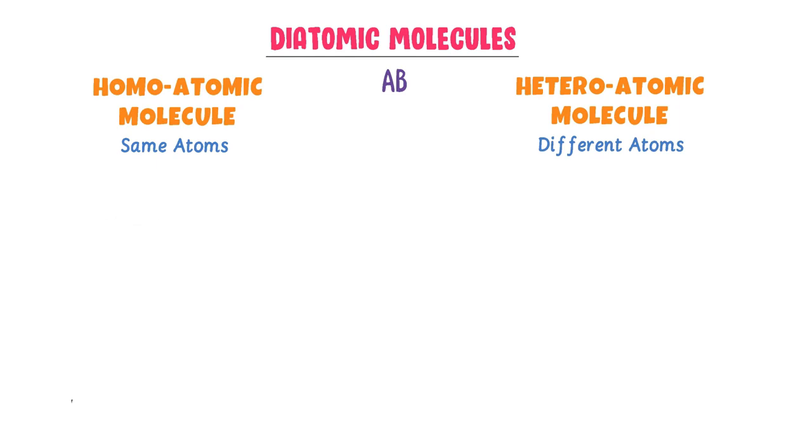For example, consider a molecule of chlorine gas and its structure. We know that on both sides are the same atoms. Remember that same atoms exert same forces on the shared pair of electrons.